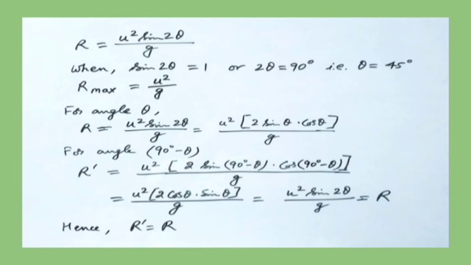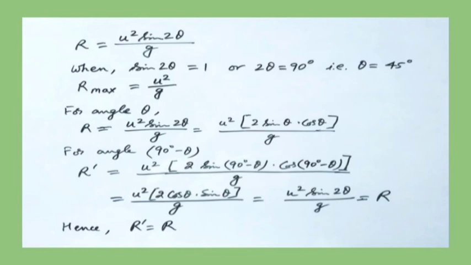Also, for a given initial velocity u, there are two angles of projection for which the horizontal range is the same. The angles are θ and 90 degrees − θ. We know that for angle θ, R = u² sin 2θ/g, which is equal to u² · 2 sin θ cos θ/g.